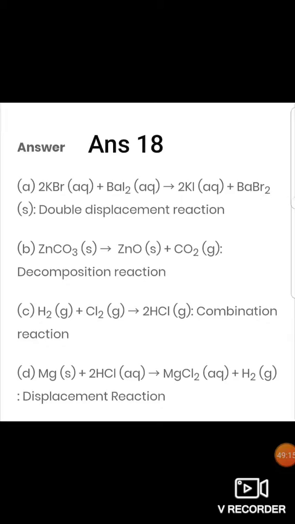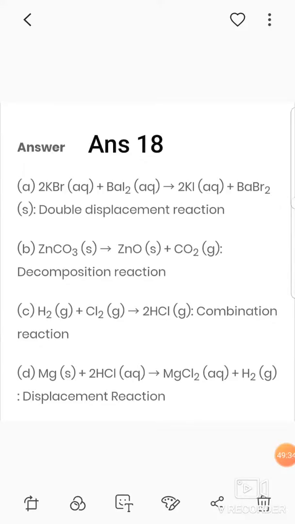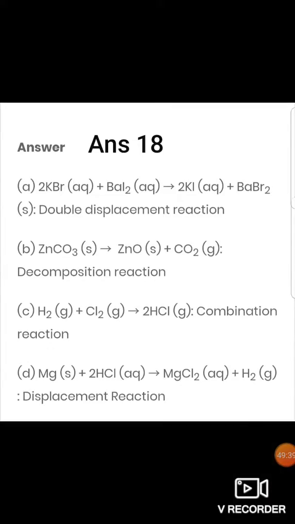In the first reaction, K takes the place of Br. So K combines with aluminium and bromine combines with barium.